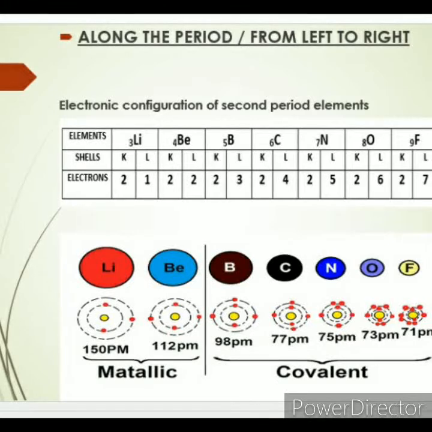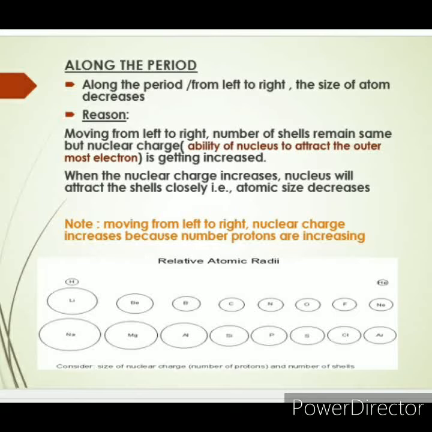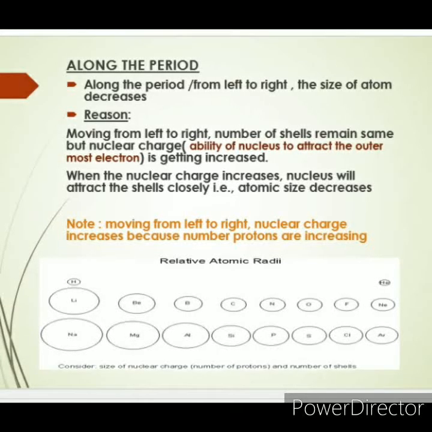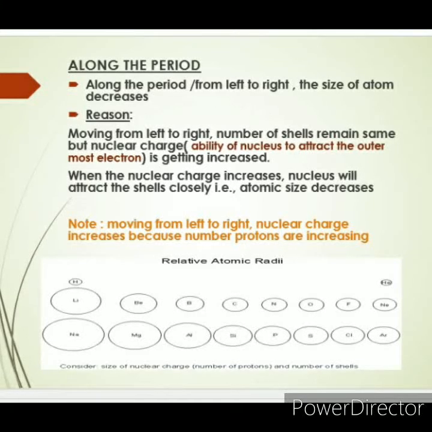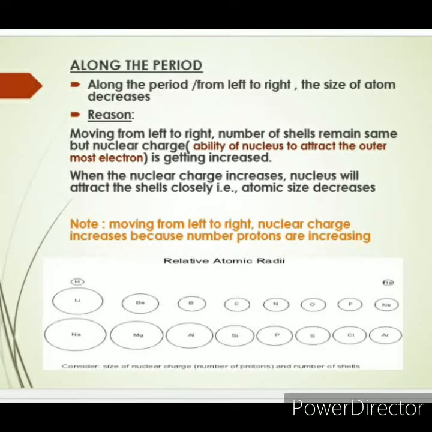What happens? The attractive power of the nucleus increases, and the atomic size gets decreased. That is what happened here. Along the period, the size of the atom is decreasing. Why? The reason is given here.